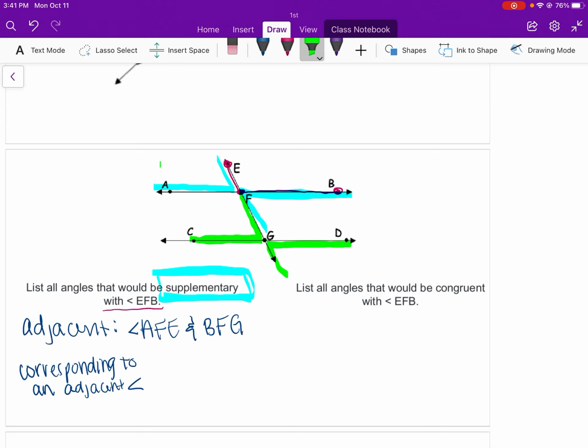So the corresponding angle to AFE is CGF, and the corresponding angle to BFG is DGH. I guess this is supposed to be an H down here.